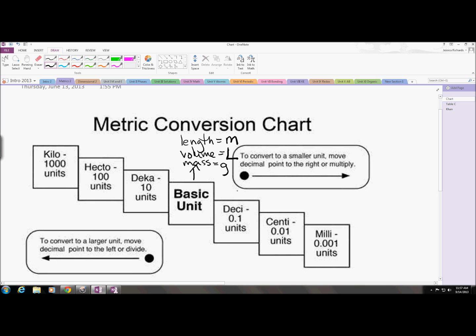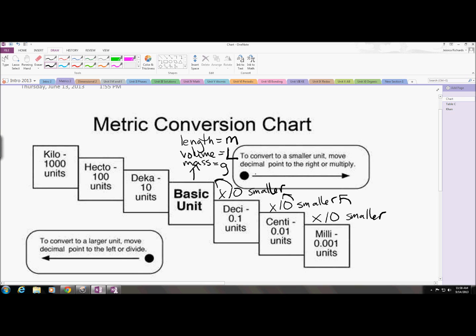So each of these prefixes is a difference of 10. So a deci is 10 times smaller than a meter, and a centi is going to be 10 times smaller than a deci. The milli is going to be 10 times smaller than the centi.